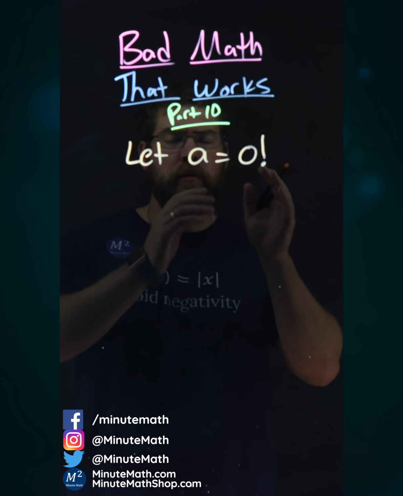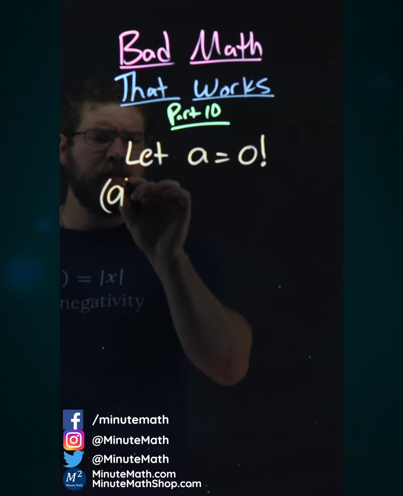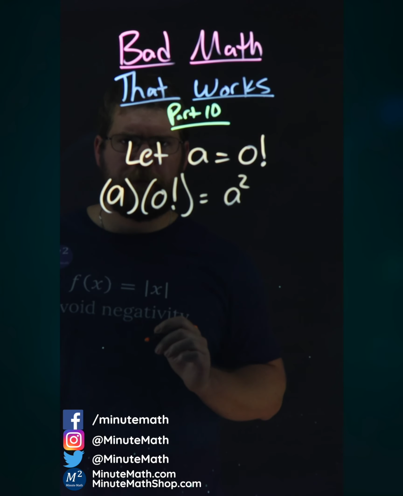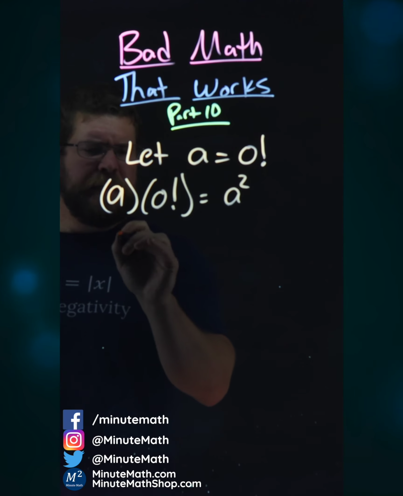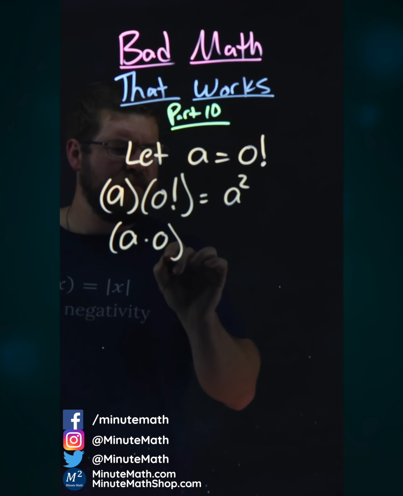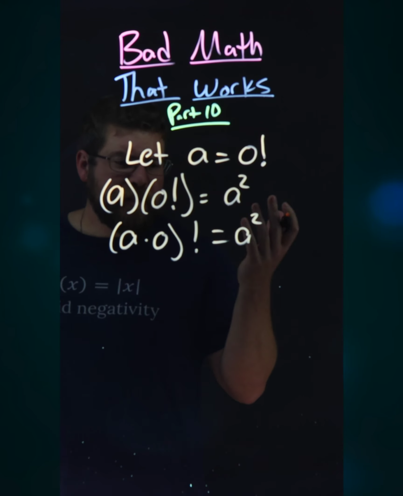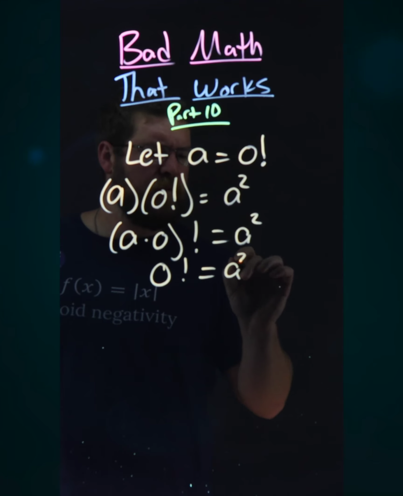Let a equal 0 factorial. Okay, so that means a times 0 factorial should equal a squared. Now order of operations says multiplication kind of changes around, so we have a times 0 factorial is also equal to a squared. A times 0, well, that's a 0, so we have 0 factorial equals a squared.